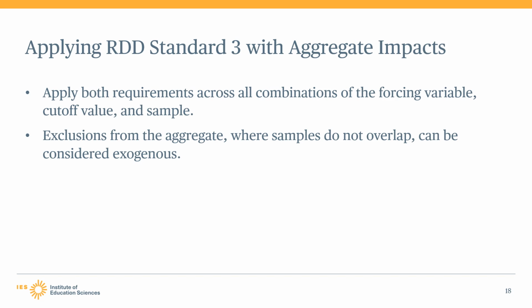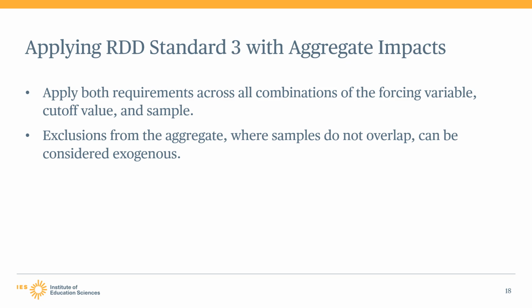Remember that aggregate impacts are defined as those that are calculated as weighted averages of impacts calculated separately for every combination of forcing variable, cutoff, and sample. When assessing RDD Criterion 3A for aggregate impact findings, the requirements for this criterion must be applied cumulatively across all combinations of forcing variables, cutoffs, and samples.